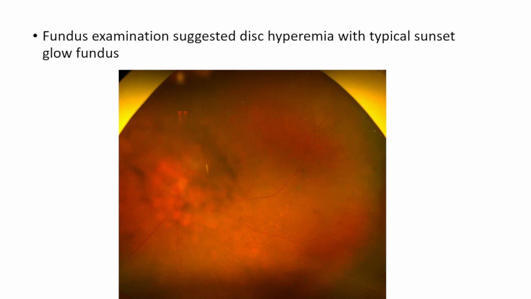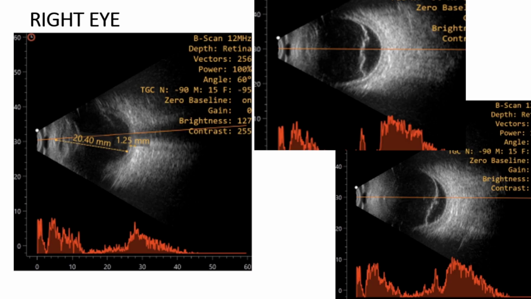This was the fundus image, which shows classically the sunset glow fundus because of choroidal depigmentation. So the ultrasound was done in the right eye.